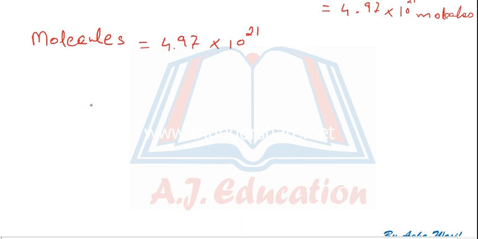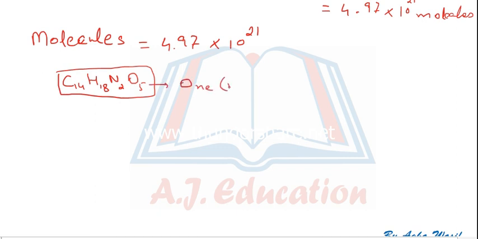We know that the formula of aspartame is C14H18N2O5. You can see that the number of hydrogen atoms in this one molecule of aspartame, one molecule of aspartame contains 18 atoms of hydrogen.